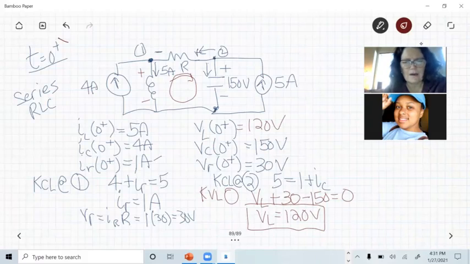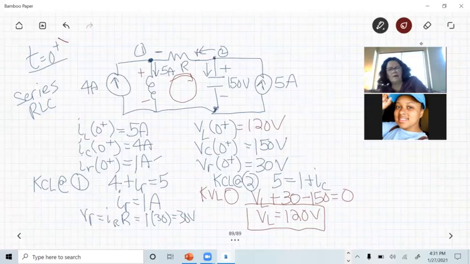Okay, so they're both going out. The current through the resistors, I've drawn it, is going out of node 2, and the current through the capacitor, I've drawn it, is going out of node 2. So I think that is correct. It's 5 equals 1 plus IC. Oh, okay, so 1 amp is going to the left? Yes. Okay, all right.